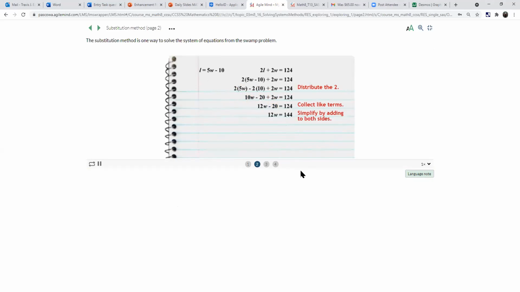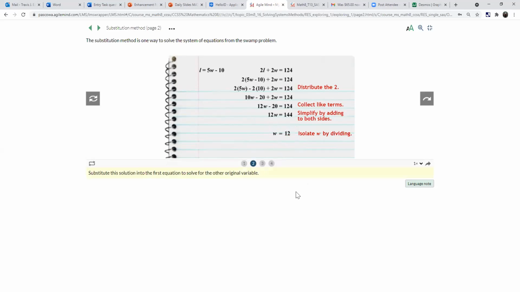We add 20 to both sides, and we end up with 12W equals 144. And now we divide both sides by 12 to find out exactly what W is. And 144 divided by 12 is 12. So the width is 12. Great.